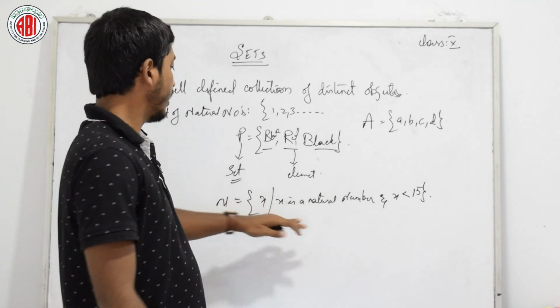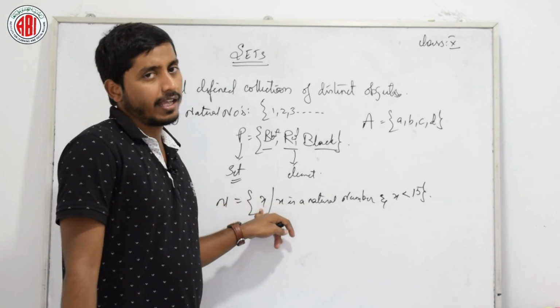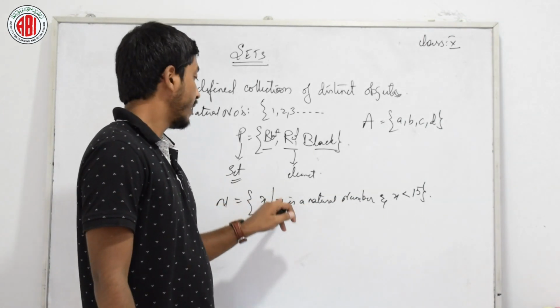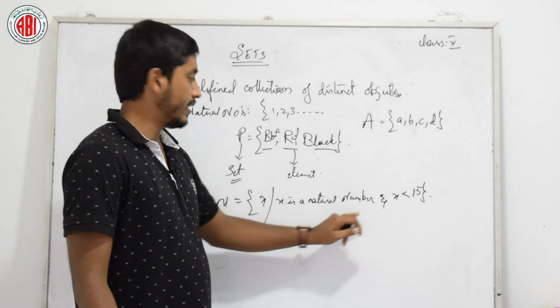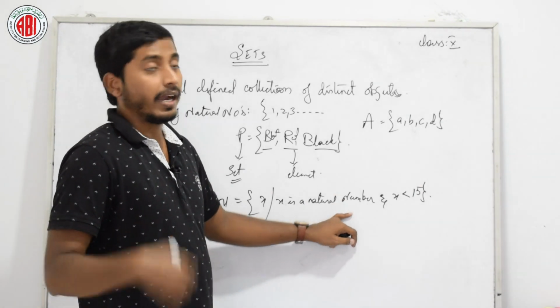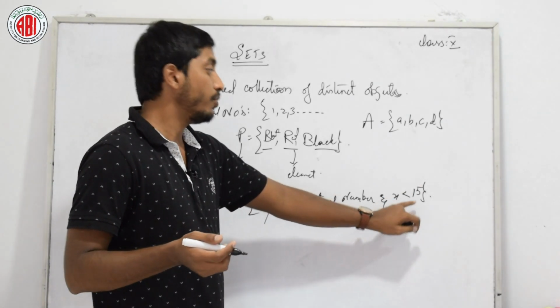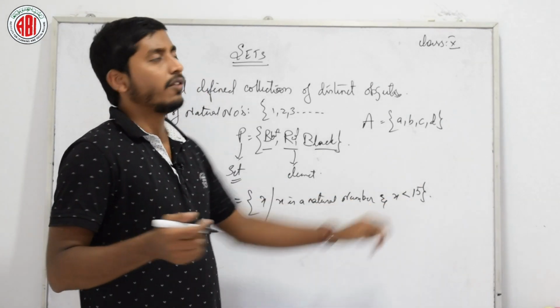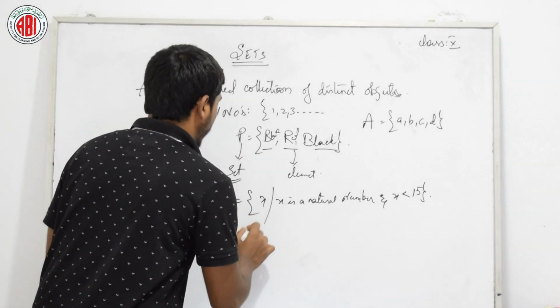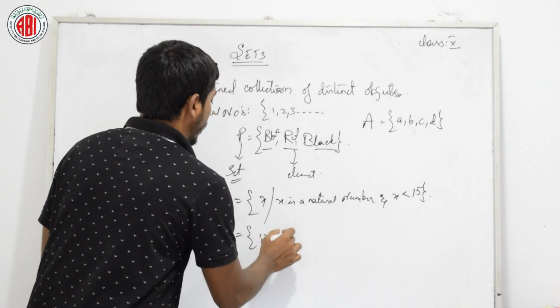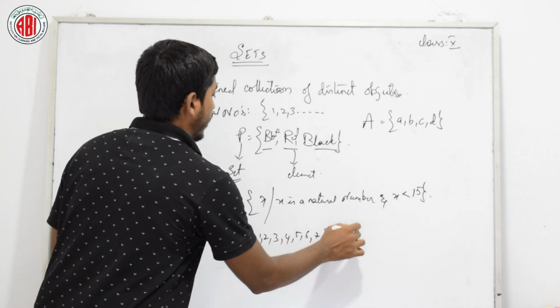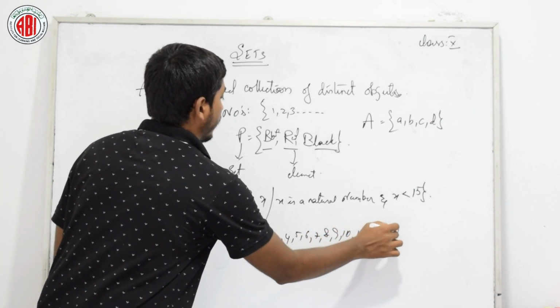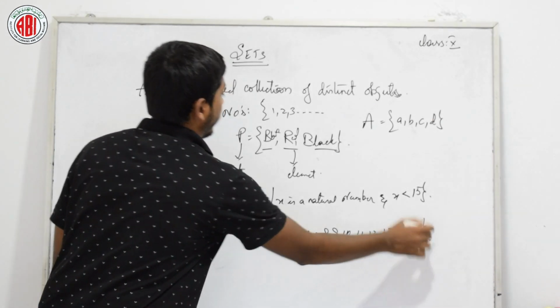What does this mean? x is a natural number, and he also gave a condition that x should be less than 15. What are the different natural numbers less than 15? 1, 2, 3, 4, 5, 6, 7, 8, 9, 10, 11, 12, 13, 14 and up to 15.